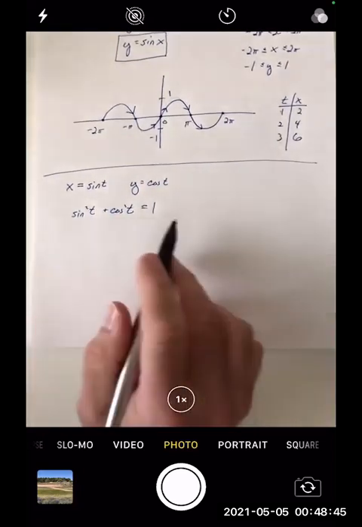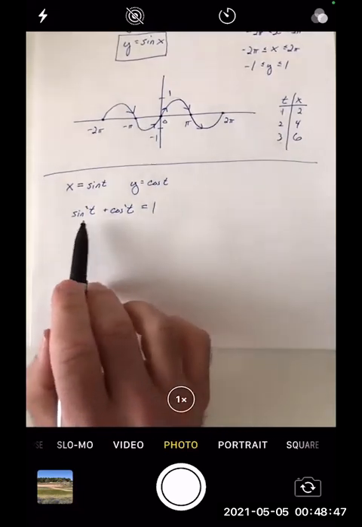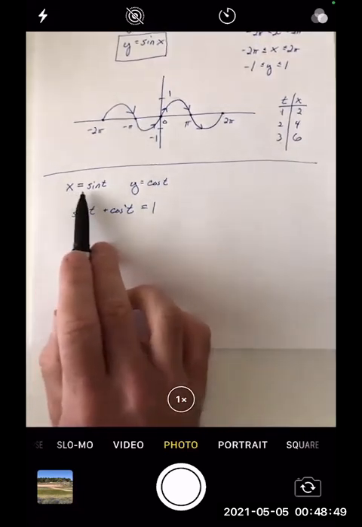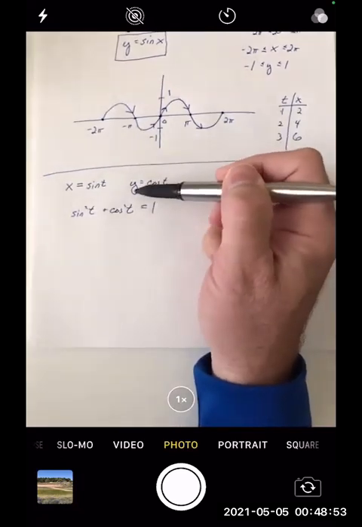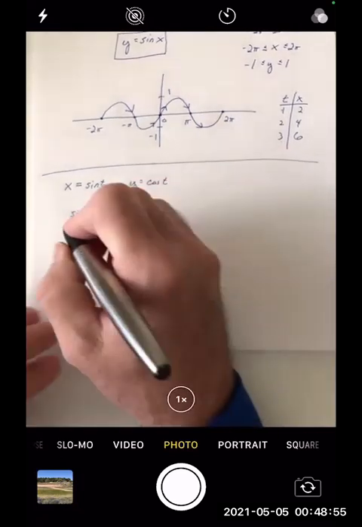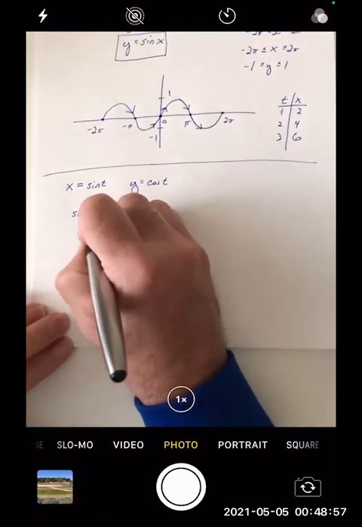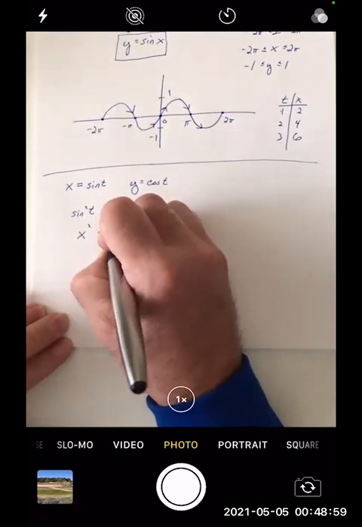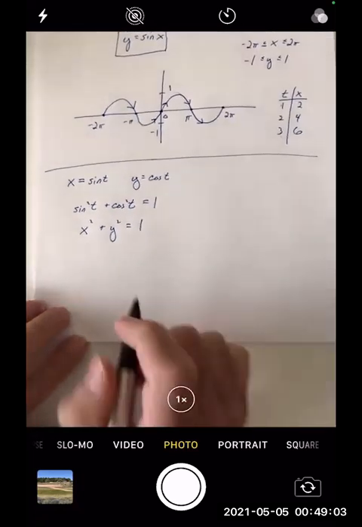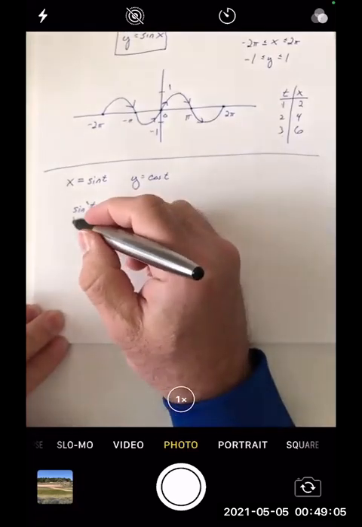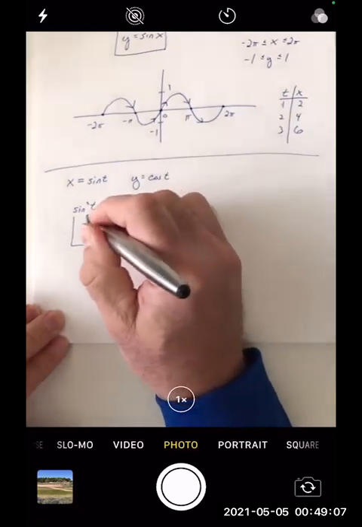It's just a Pythagorean identity. Now you can plug in x for sine and y for cosine, and square them. So that would be x squared plus y squared is equal to 1. So here's your rectangular equation.